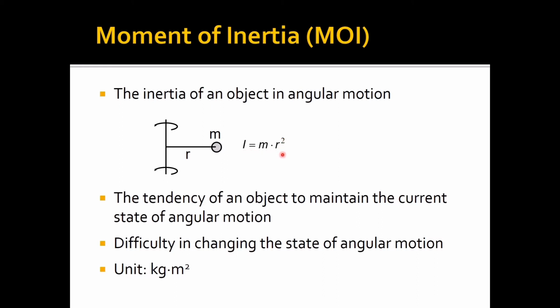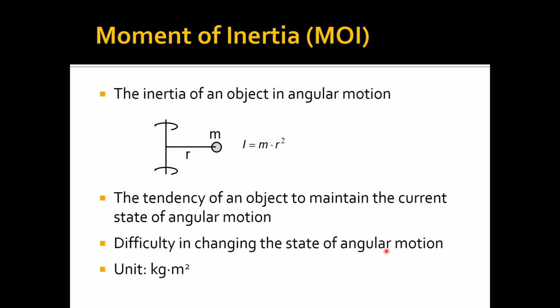And then here, moment of inertia is also defined as the tendency of an object to maintain its current state of angular motion. That's why this is the measure of inertia in angular motion. This is also defined as the difficulty in changing the state of angular motion.